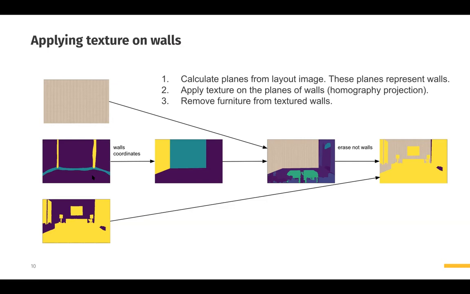We have output of our layout model, and we have output of our segmentation model. Next, what we did is we estimated our planes of walls, and then using homography projection, projected our textures onto walls. What is left is to erase furniture and other objects from the wall. And in the end, we will receive this picture.